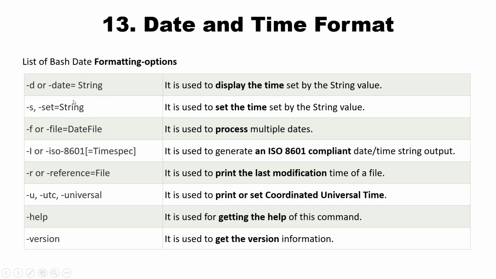In the same way, we can save time in a string variable, and then we can use --set or -s to set the time. In the same way, we have --help, which can be used for getting the help of this command. And then we have --version, which can be used to get the version information.